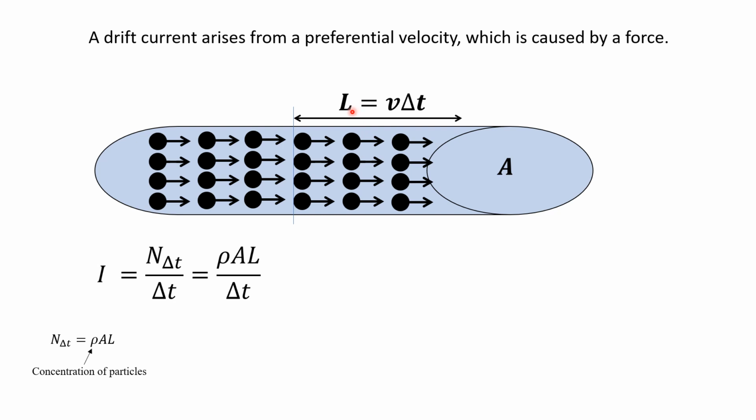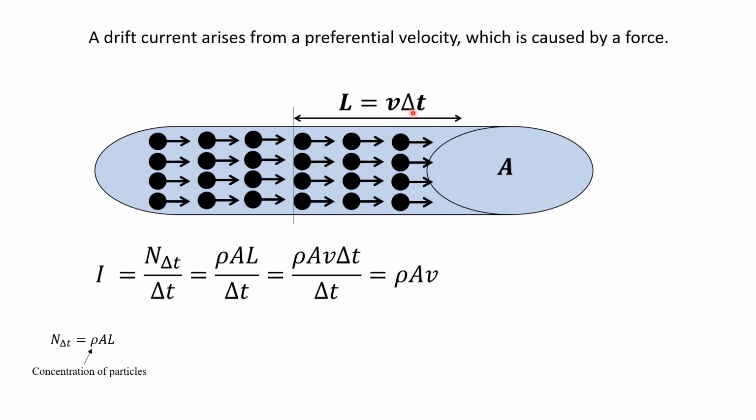Now, of course, this length is related to the velocity of the particles through the time it took the particle to reach the cross-sectional area A. If the velocity is v and it took delta t seconds for the particles to cross, that means that the distance the particle propagated is v times delta t.